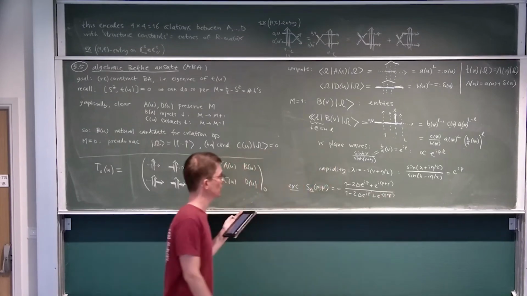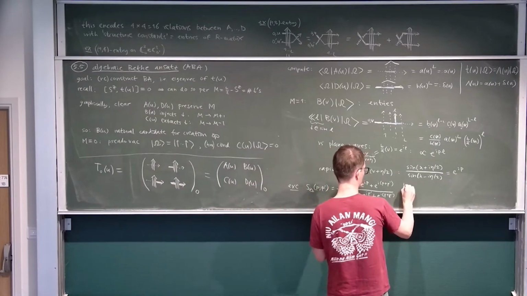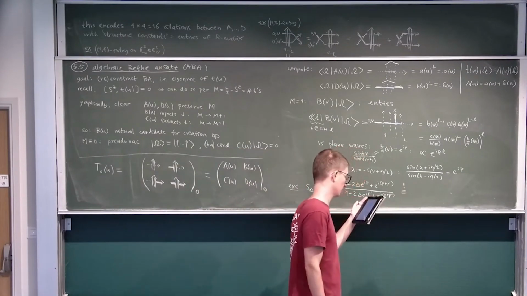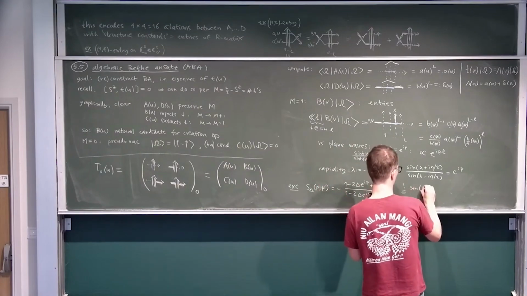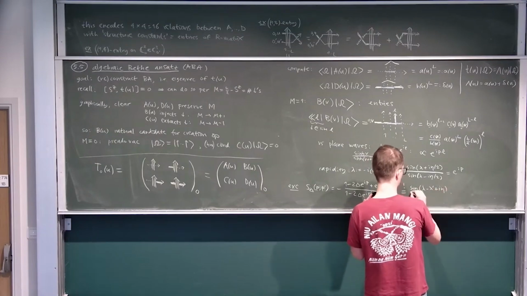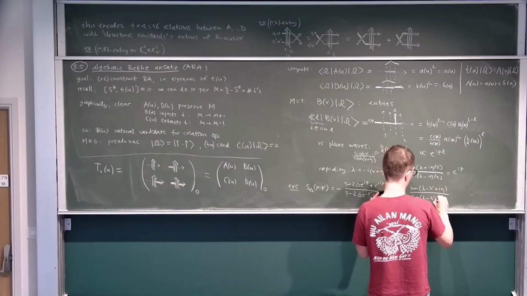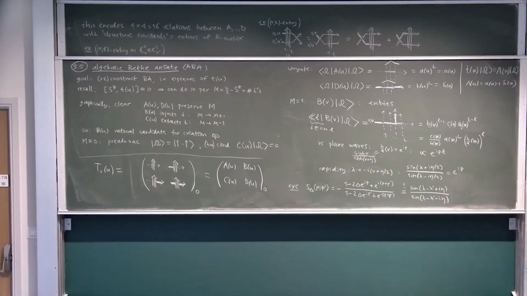So this was the definition. The exercise is to check, with the exclamation mark for the important point, that this is now equal to the sine of (lambda minus lambda prime plus i eta) over the sine of (lambda minus lambda prime minus i eta). So we see that these rapidities are very nice because the scattering matrix, which depended on two variables, only depends on the difference of the corresponding rapidities.